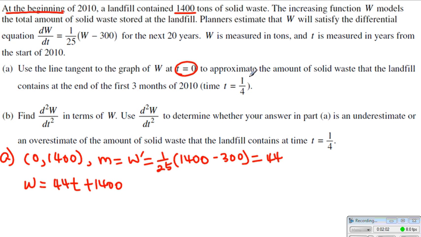Now, they want us to approximate when t equals 1/4, given the setup. So when t equals 1/4, what we need to do is simply plug in 44 times 1/4 plus 1,400.